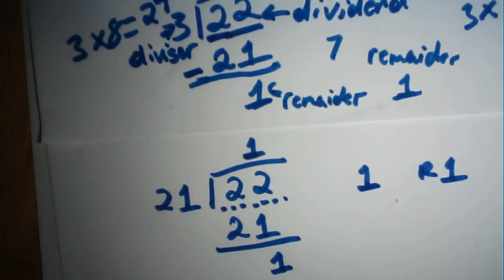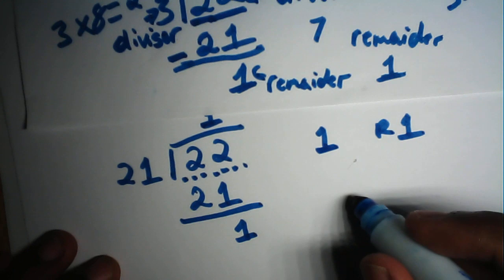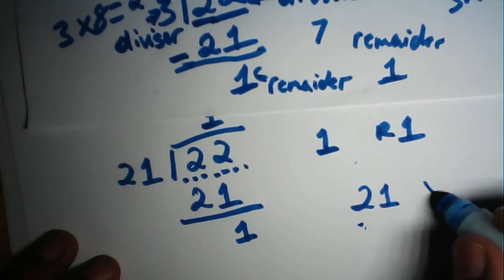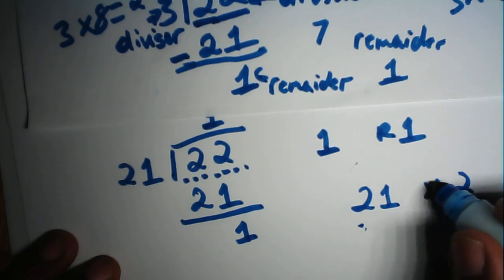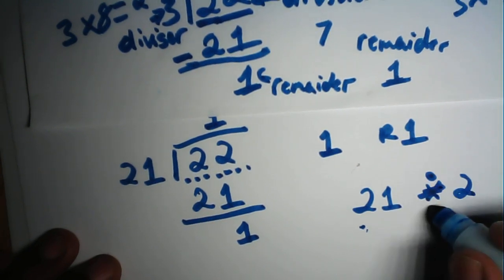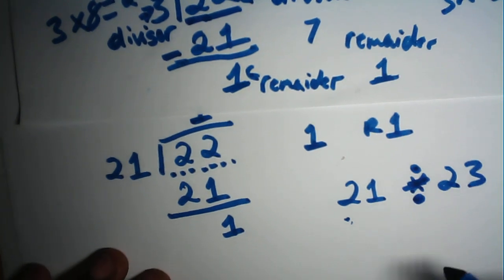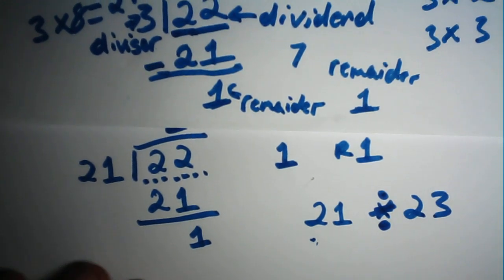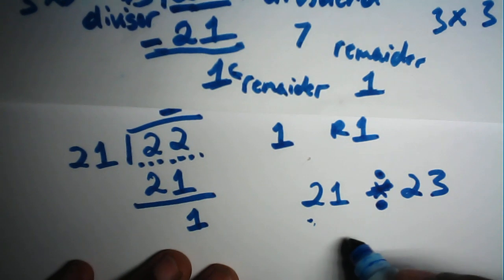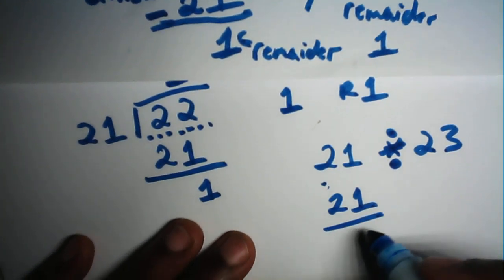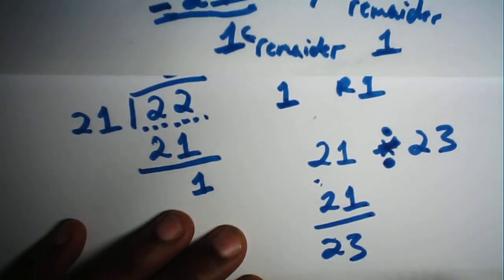So there's actually more to it. We can actually divide by a number that results in a fraction. Say I wanted to divide 21 by a number that's bigger than it, like 23. I could actually do that. Rather than moving it into a fraction, we're going to end up with a decimal.